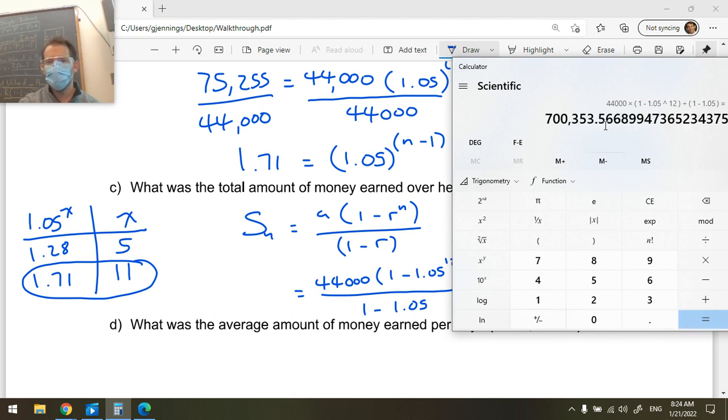She earned in 12 years a little over $700,000. I'm going to write down 700,354.